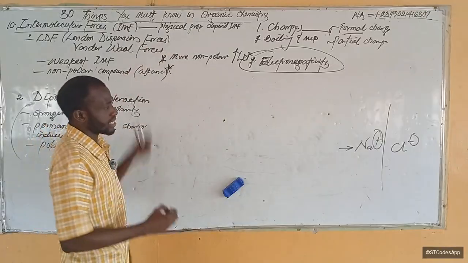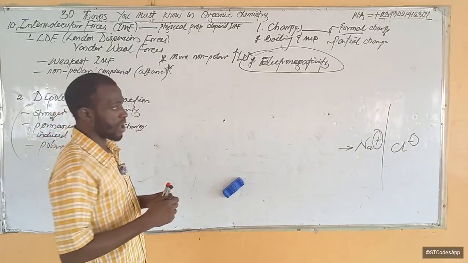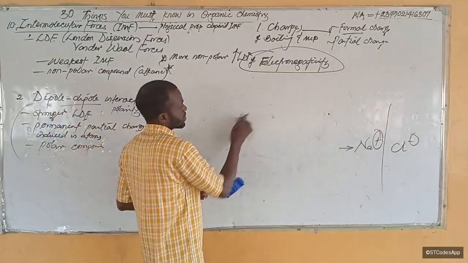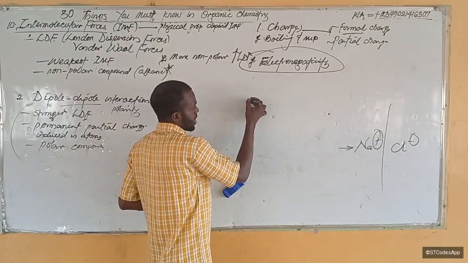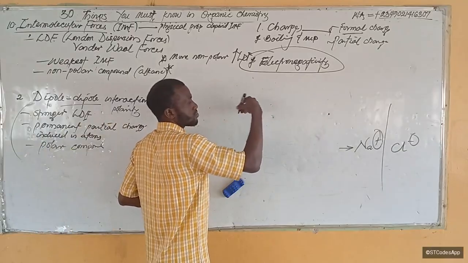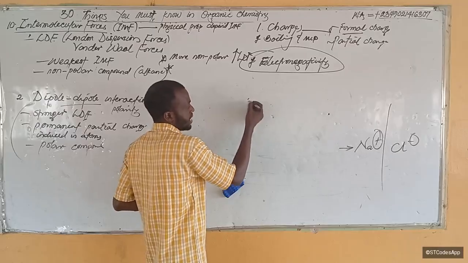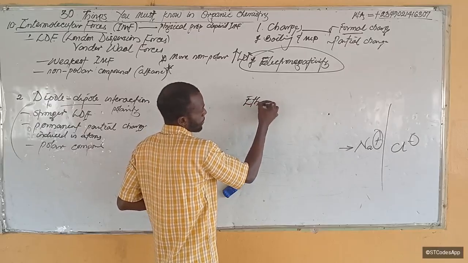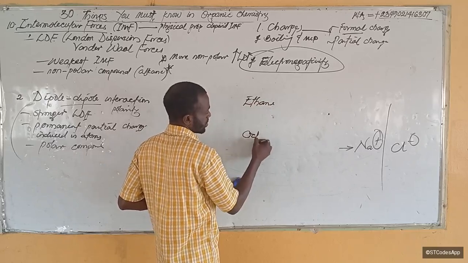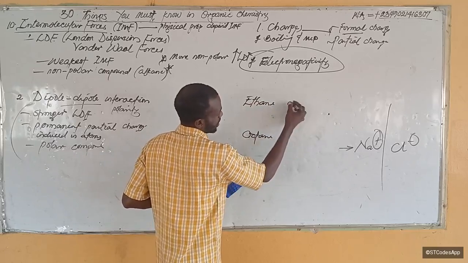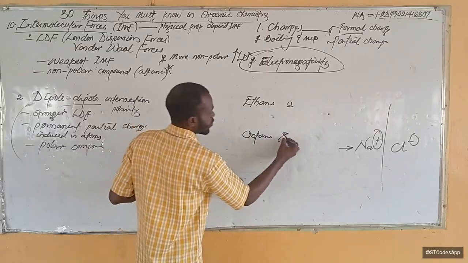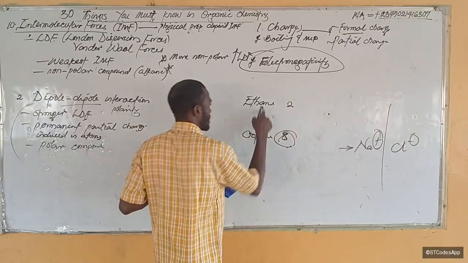For example, for the alkane series, like I discussed, we have methane, ethane, like that. So let me use ethane and compare it to octane. Look at octane. This one has 8 carbons, this one has 2 carbons. So this one is going to be more non-polar than this guy.